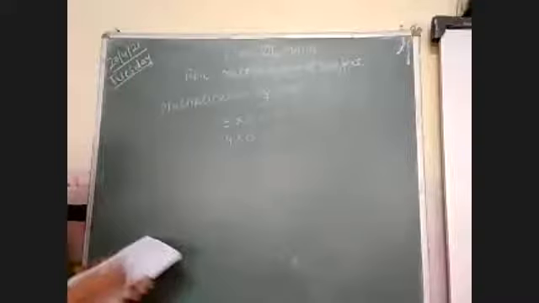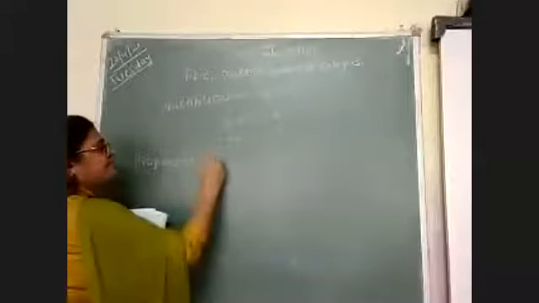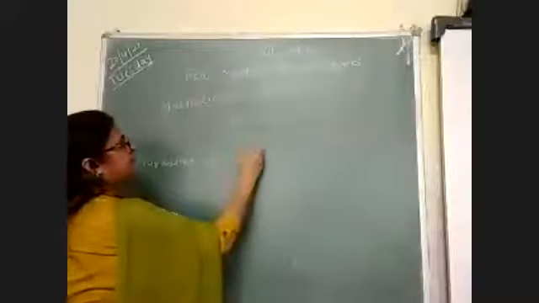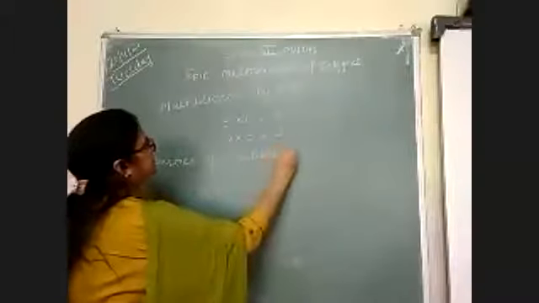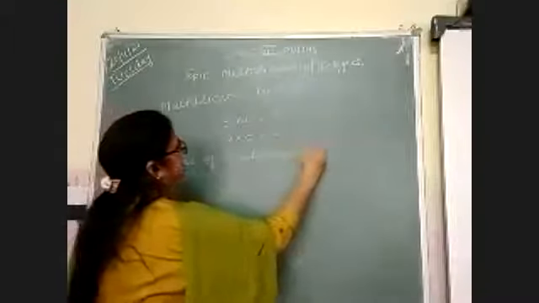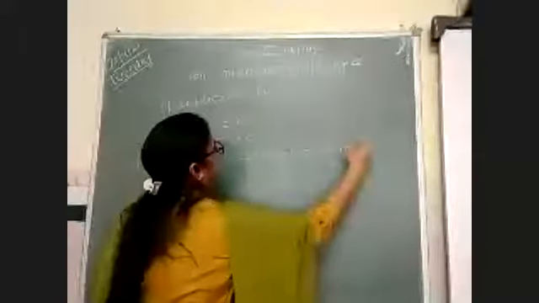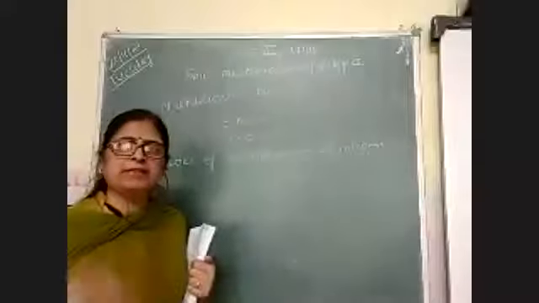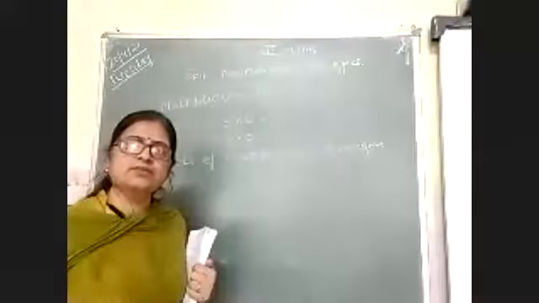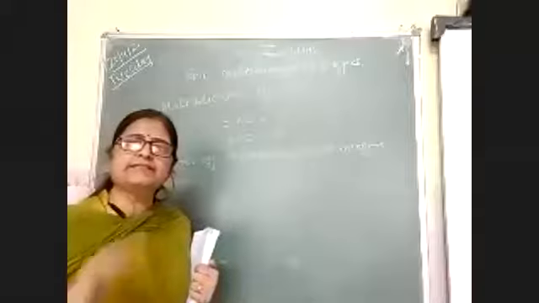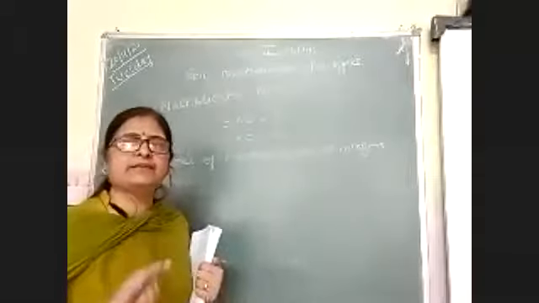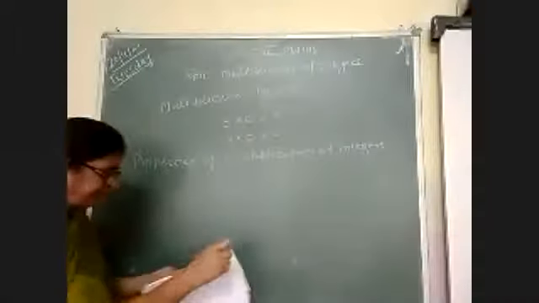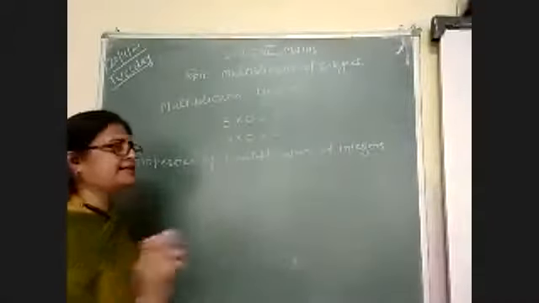The next one is properties of multiplication of integers. When we multiply an integer by an integer, the result is also an integer, whether negative or positive.